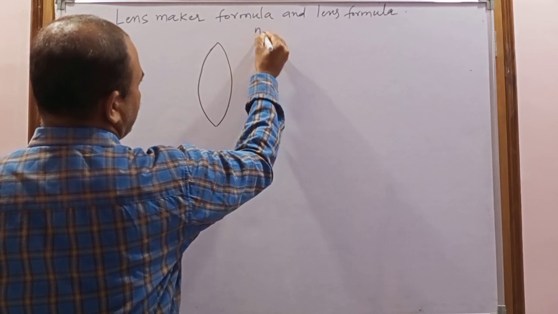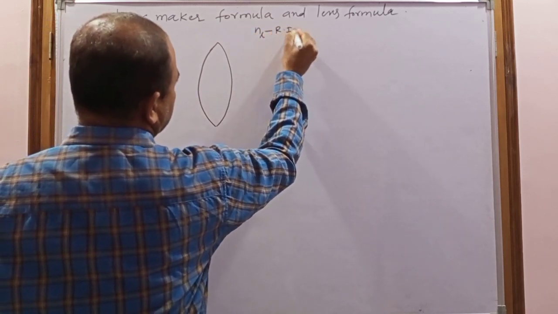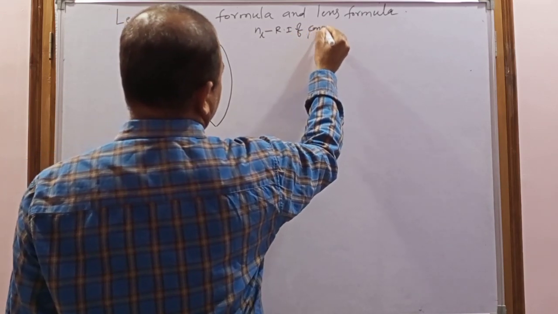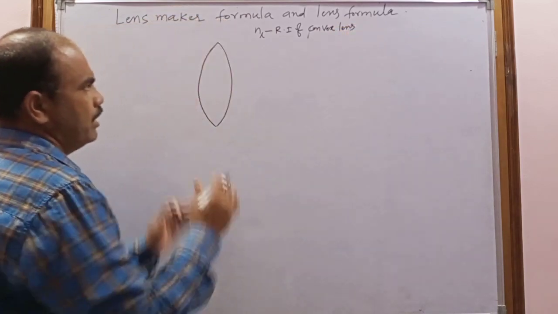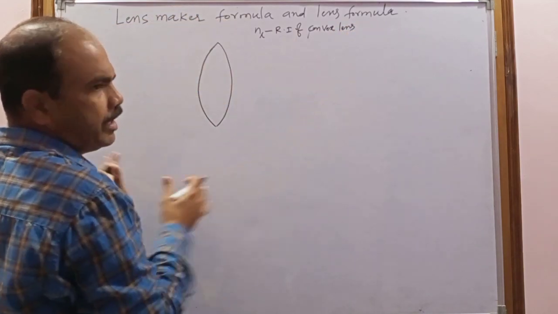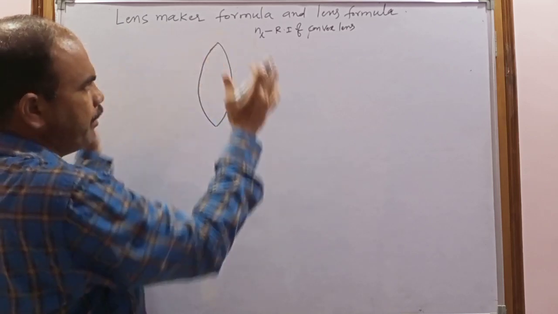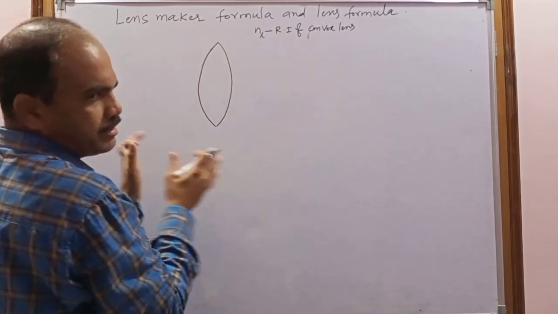n suffix L is nothing but the refractive index of the convex lens. Now consider this lens is kept in a medium that may be air or anything. That medium will be called the surrounding medium. So around this lens, imagine a medium.